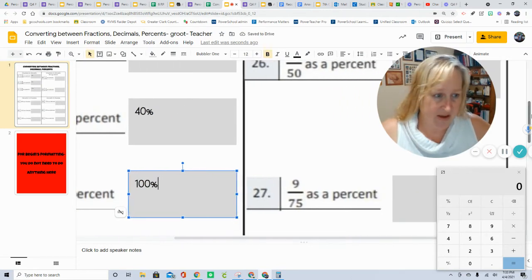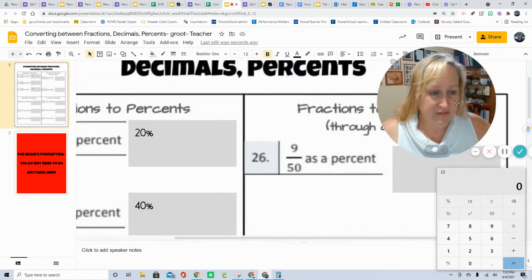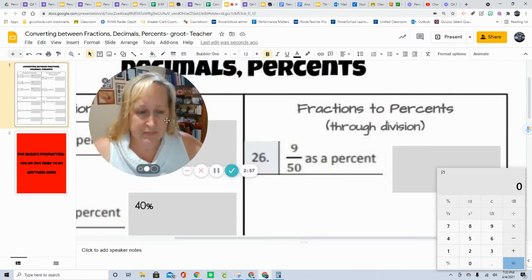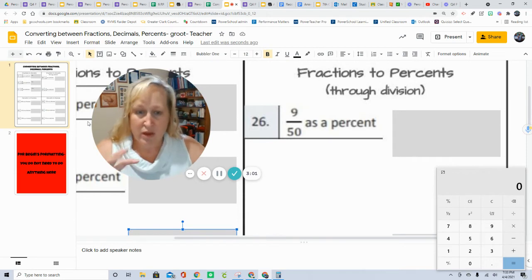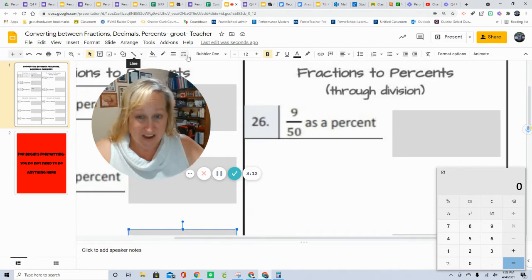Let's scroll over to this side. This one can be done two different ways. So you need to remember also that, yes, you can do this as turning that 50 into 100. But when you have a fraction, all you're doing is dividing.